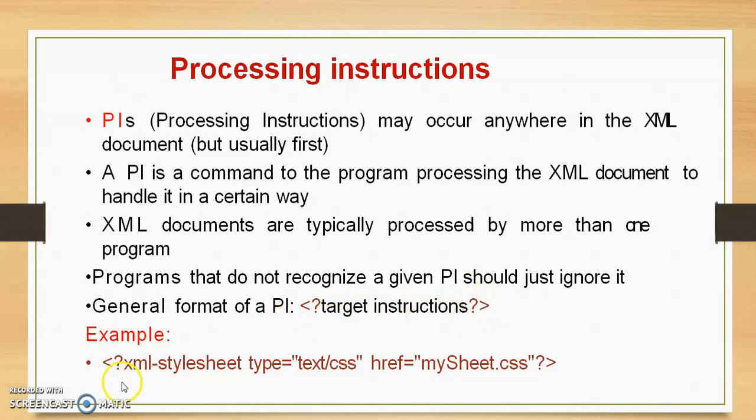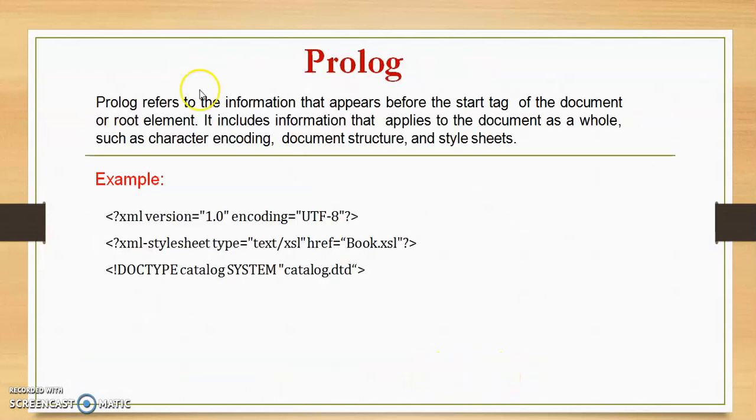For example, you can have the xml-stylesheet with the attribute type, whose value is text/css specified in double quotes. The other attribute is href, and the source file is mentioned as mysheet.css within double quotes. The prologue refers to the information that appears before the start tag of the root element.